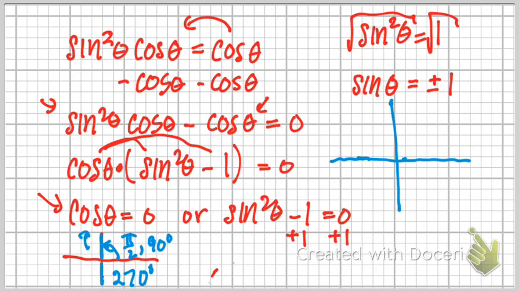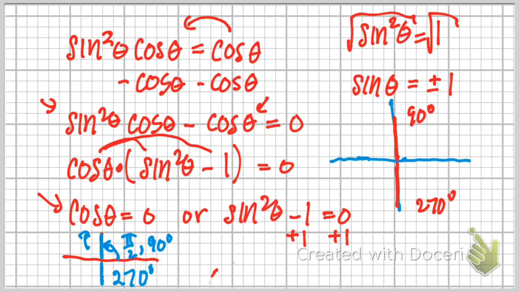Where is it 1 or negative 1? I know sine is 1 here, and I also know sine is negative 1 down here. So that tells me it's going to be either 90 degrees or 270 degrees.